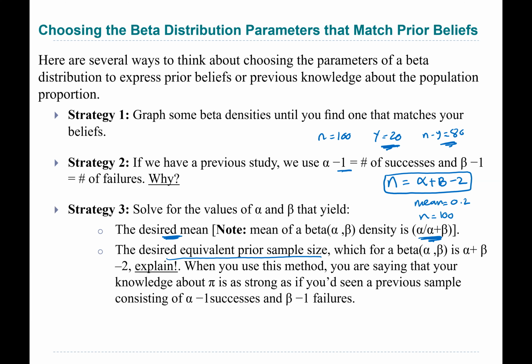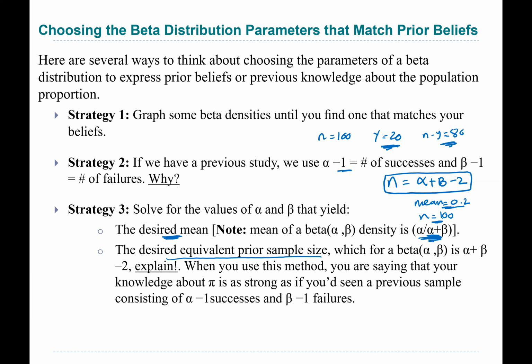So now I have two equations: alpha divided by alpha plus beta equals 0.2, and alpha plus beta minus 2 equals 100. Now I can solve these to find a prior distribution whose mean is 0.2 and whose information is equivalent to a sample of 100.